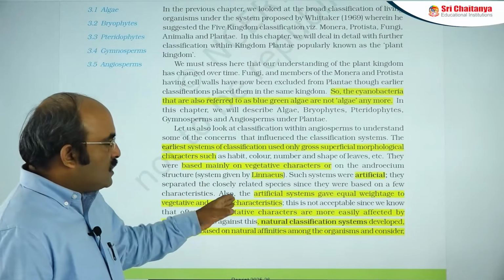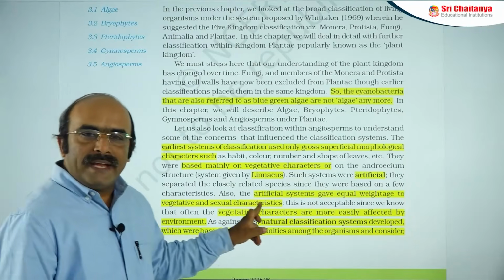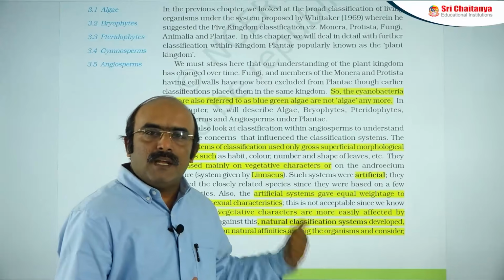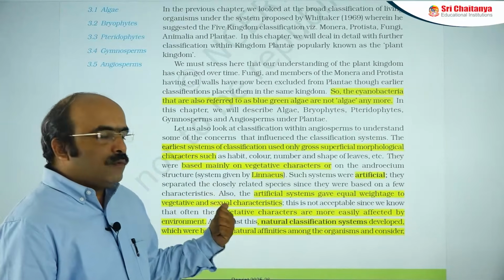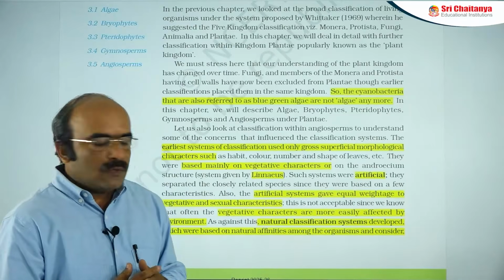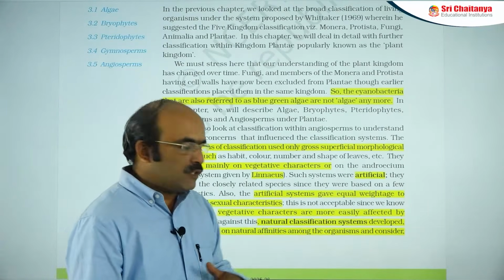And artificial systems give equal weightage to vegetative and sexual characters. This is a very important point. So, vegetative characters are not stable when compared to the sexual characters. So, we should not give them equal weightage with sexual characters.